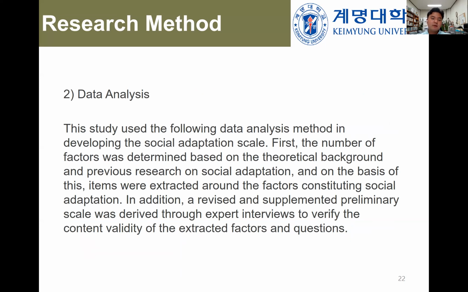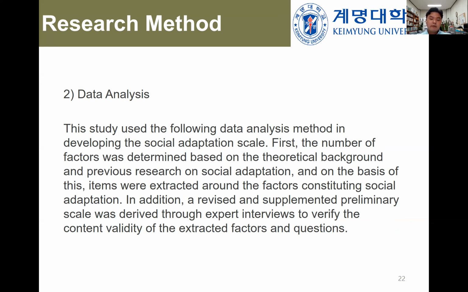In data analysis, this study used the following methods in developing the social adaptation scale. First, the number of factors was determined based on the theoretical background and previous research on social adaptation. And on this basis, items were extracted around the factors constituting social adaptation.